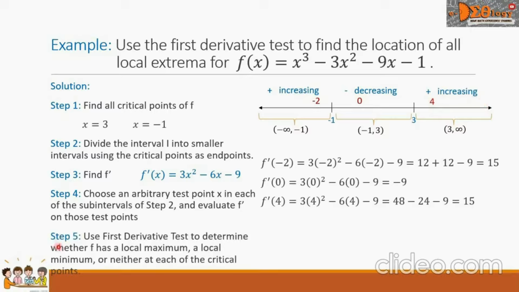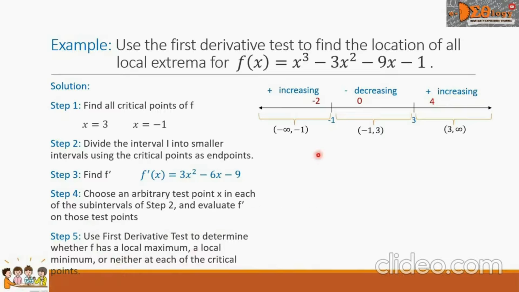Now, step 5. Use first derivative test to determine whether the function f has a local maximum, a local minimum, or neither at each of the critical points. Our first critical point is -1.